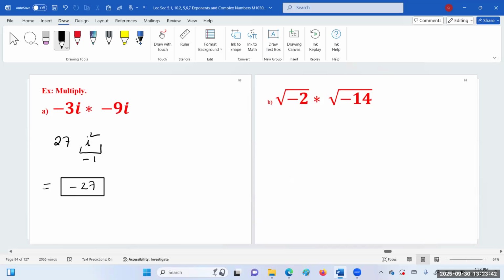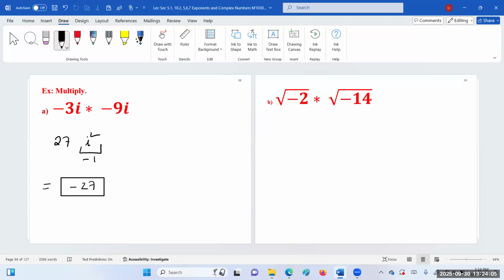The whole semester I kept telling you, as long as you have the same radical and your radicals are positive, you're allowed to multiply them. Why did I tell you? Because of this. The radical on the square root of -2. That's -2. Is it positive or negative? Negative, right?